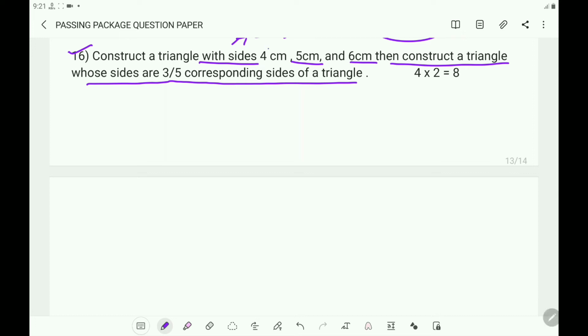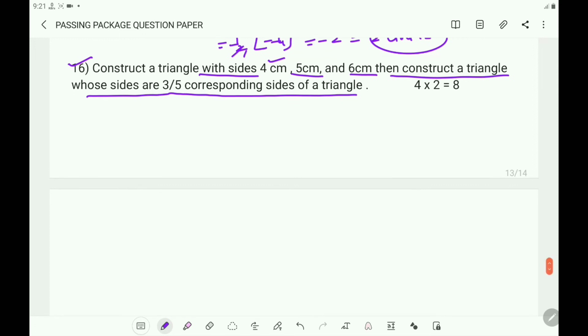Here what you have to do? We must construct the triangle of given measurements. You know the method of constructing the triangle by using the scale and compass. In the first step, you take any one measurement as a base. You can take the biggest side as a base. So here you take 6 cm base or 4 cm base or 5 cm, whatever it may be.